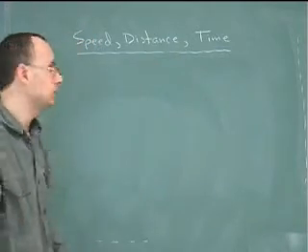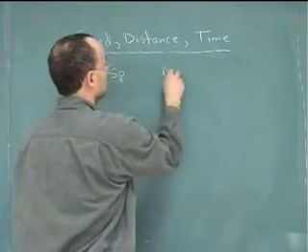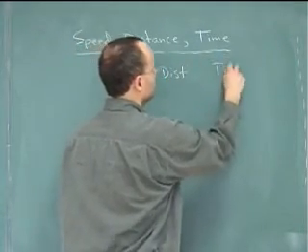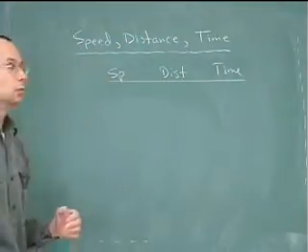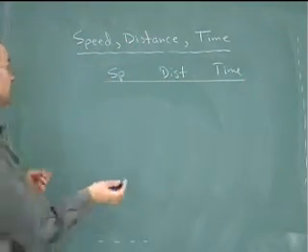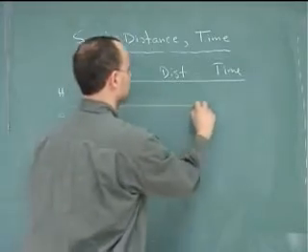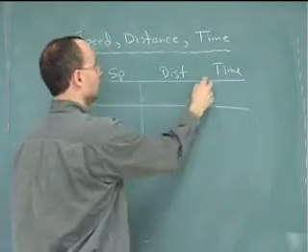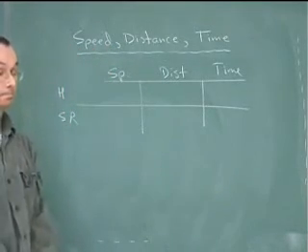And the way this table is going to look is you start off and say, well, there's a speed, there's a distance, and there's a time. And we have two different situations here, highway and side roads. Okay, so that's basically the table. All we got to do now is fill it in.